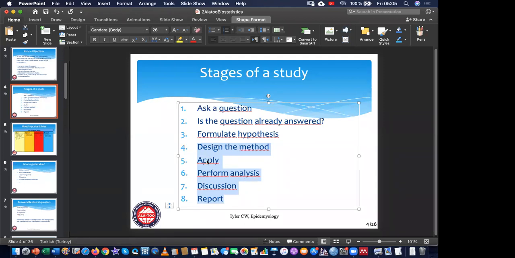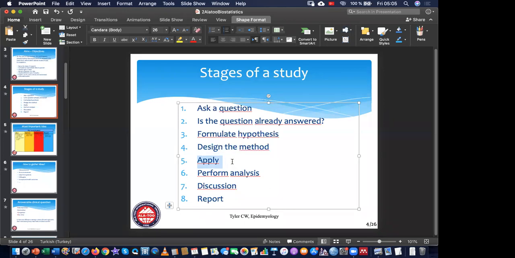Apply means what? Apply is to conduct the study. You designed your method, you planned it, now you conduct it.